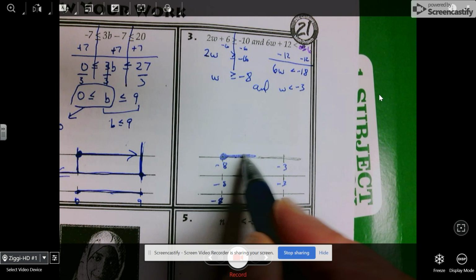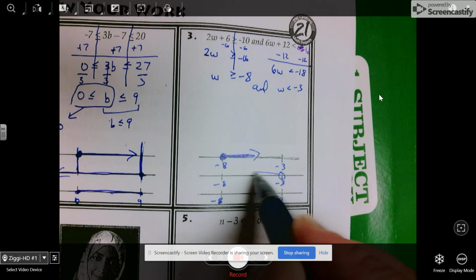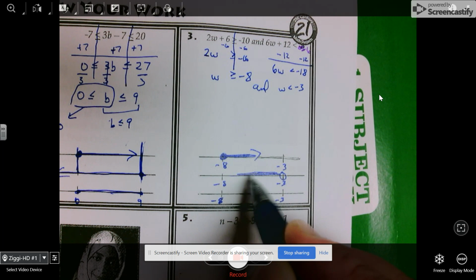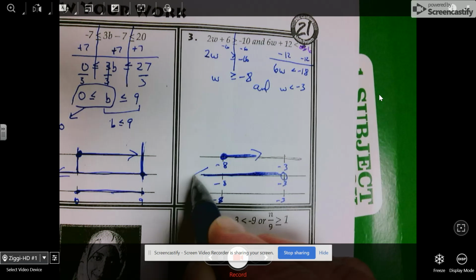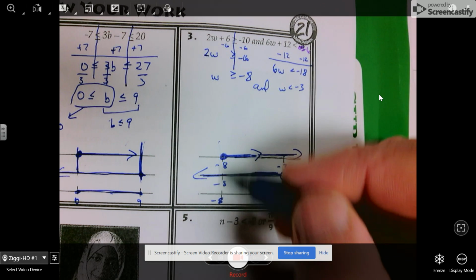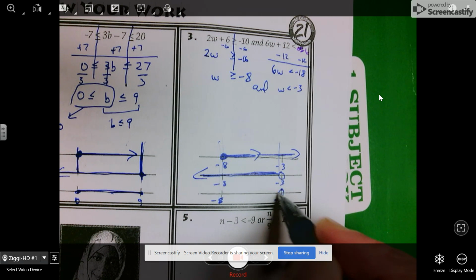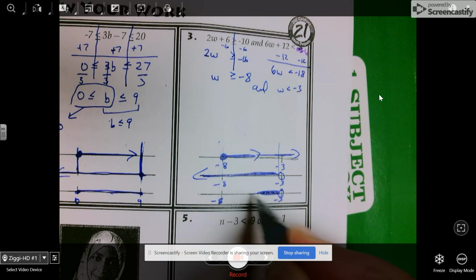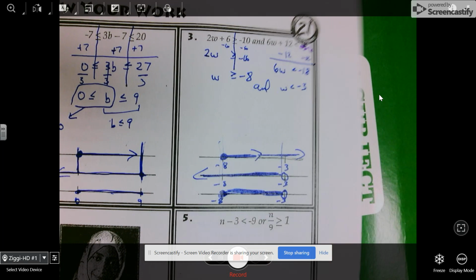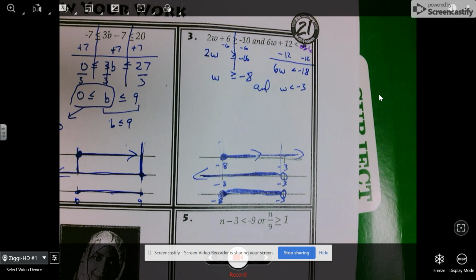W is less than 3. So that's going to keep going that way. That's going to keep going that way. The place they overlap is between the 3 and then bigger from the negative 8. So it's just that shaded part. That's generally how the AND ones end up. There's some tricky ones sometimes from there.